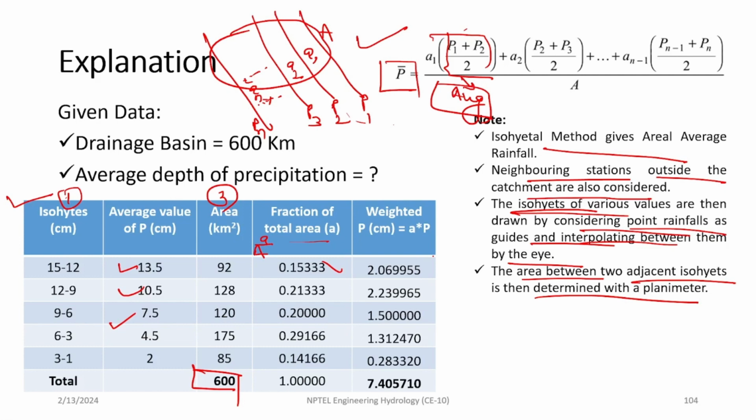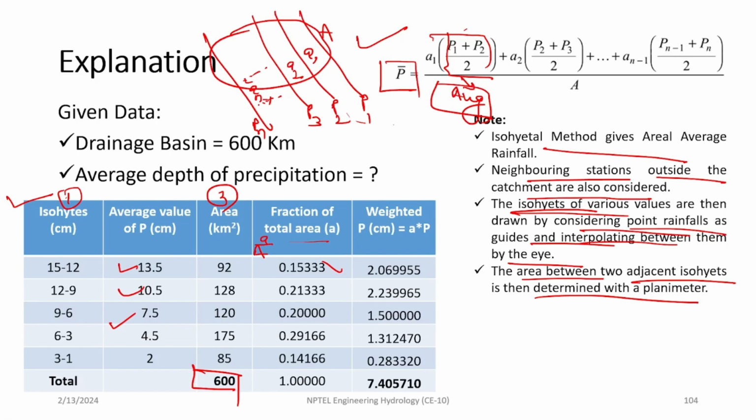So 92 into 0.15, area into precipitation. 92 multiplied by 0.15. Value is 13.8, somewhat, yes. I got it, 2.069. You got it. Okay, 2.069.